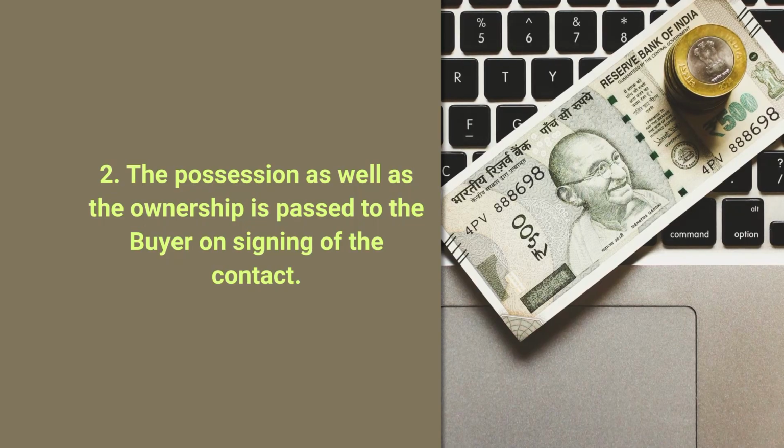The second one is, the possession as well as the ownership is passed to the buyer on signing of the contract. Well, friends, the possession of the goods and the ownership is passed to the buyer at the time of signing of the contract.